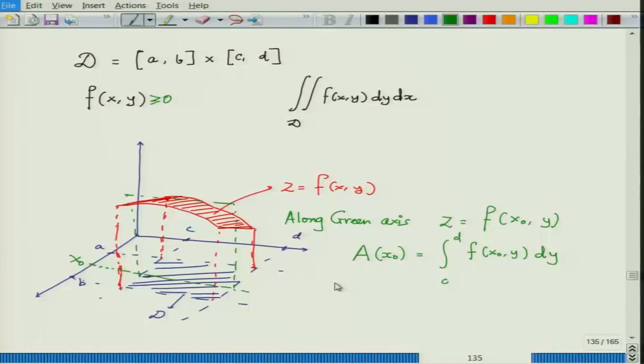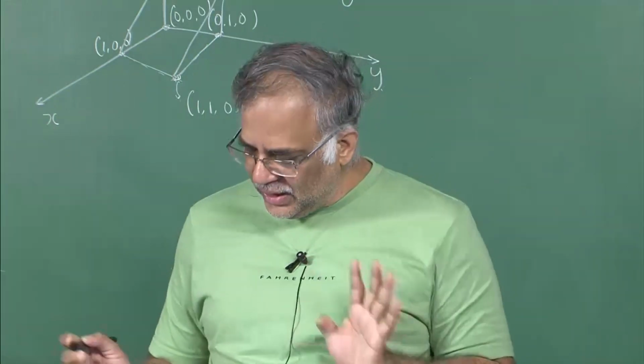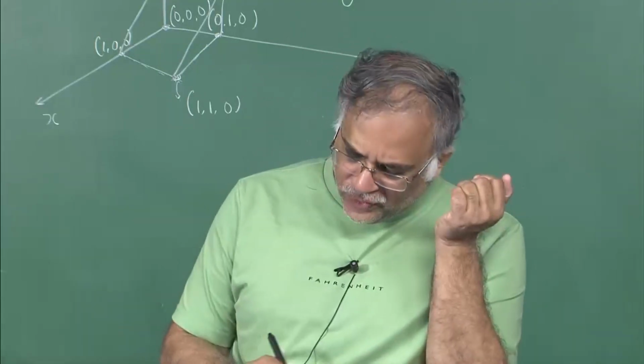I fixed my x, then I passed a vertical line through that x passing through the positive orthant in this diagram, and then I passed a plane cutting through the volume which is perpendicular to this green line passing through x naught, and this green line is perpendicular to the x axis. Now I found the area. This is true for any x that I choose.